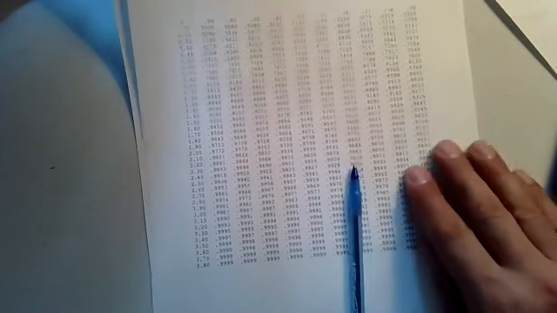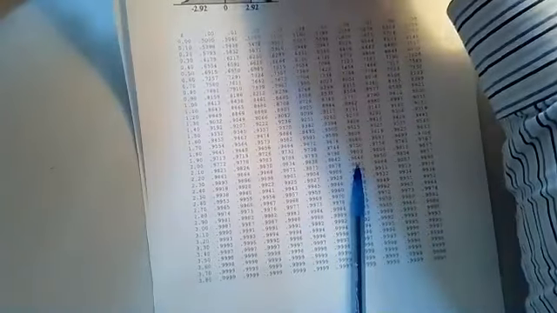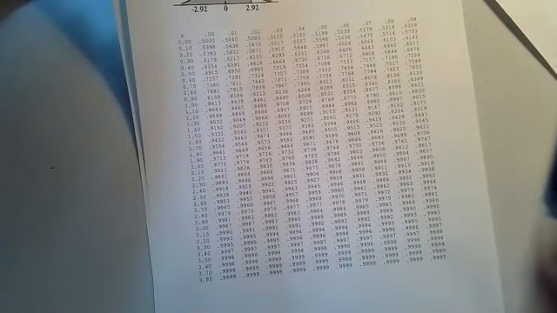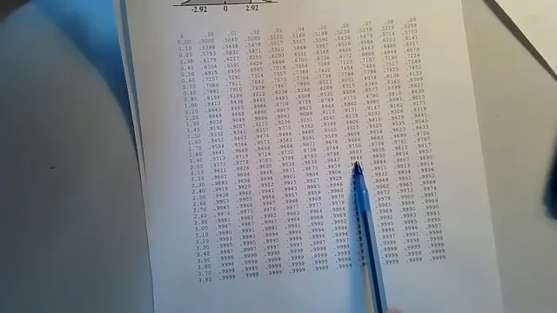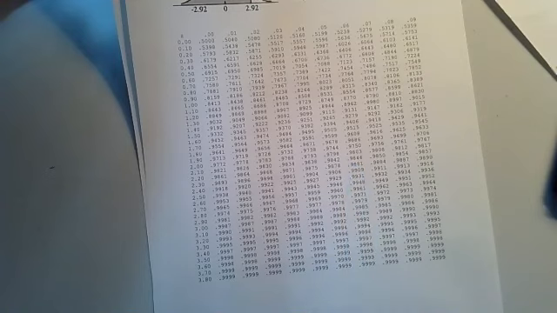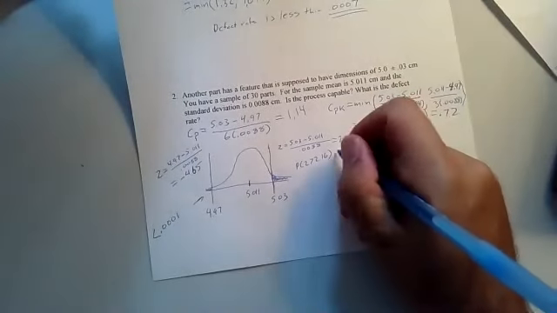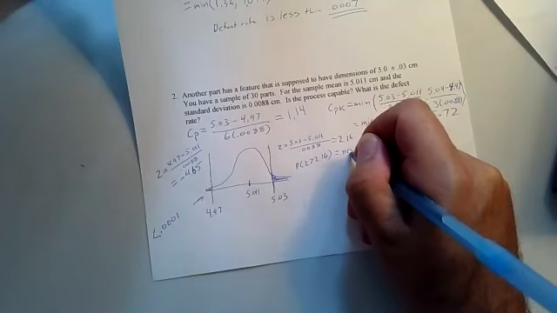I know that might be hard to see, so I can focus that. Find that again, 2.16, 0.9846. If I take 1 minus 0.9846, I get 0.0154. So this probability equals 0.0154.